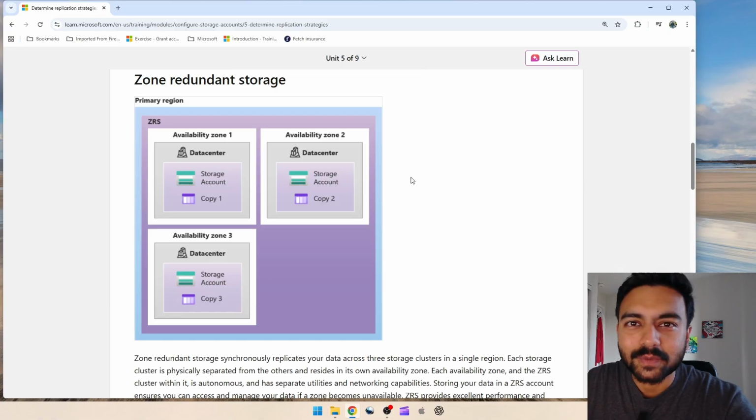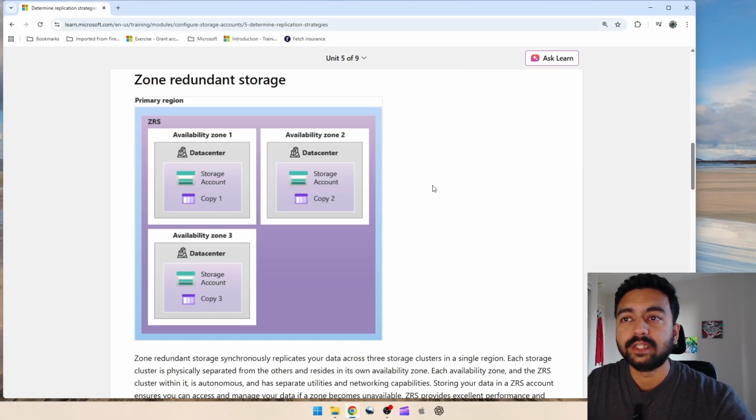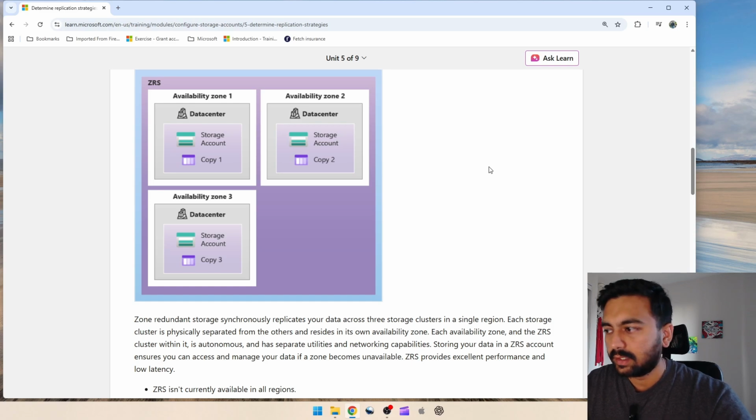ZRS. So one primary region, multiple availability zones, multiple data centers, and within those data centers you can use the same storage account but different copies. So your data is stored within the same region, but it's still under different data centers.